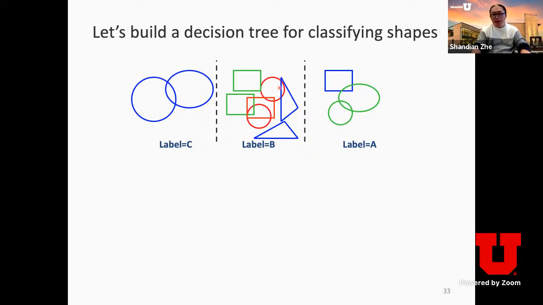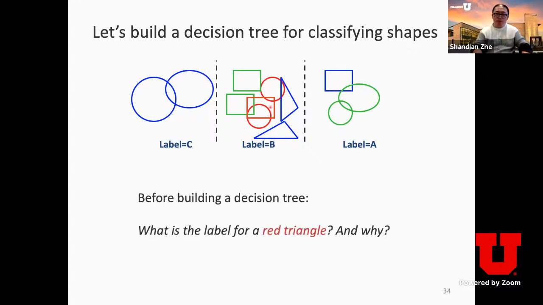Our task is to classify a set of shapes: circles, rectangles, triangles. All those shapes have two attributes, namely two features. One is shape, one is color. Let us try to manually build a decision tree to hierarchically represent this data set.